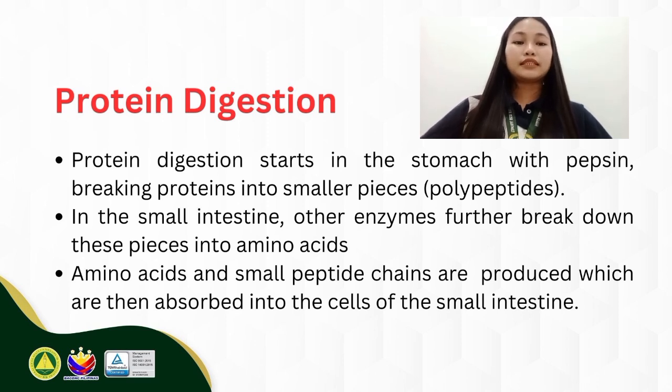Yung trypsin and chymotrypsin break down polypeptides at different points, while carboxypeptidases remove amino acids one by one from the ends of the polypeptides. This all produces amino acids and small peptide chains, which are then absorbed into the cells of the small intestine.